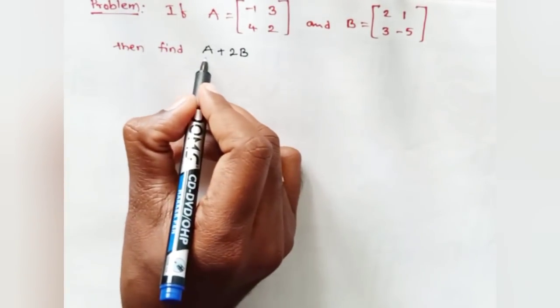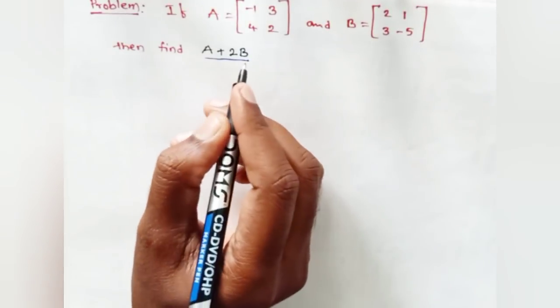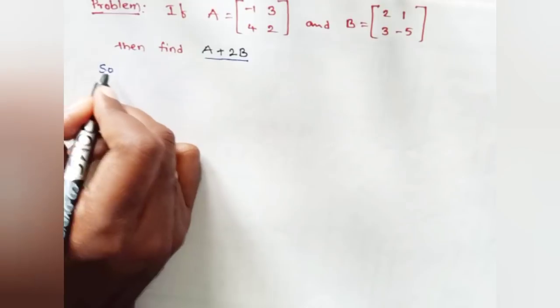Now, the problem contains scalar multiplication and addition of two matrices. See the solution here.